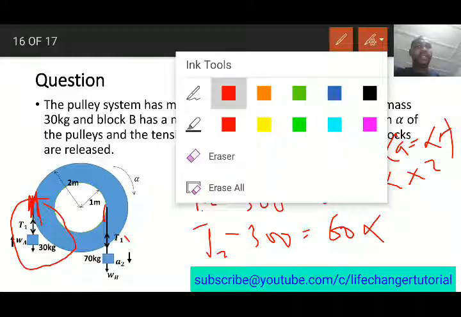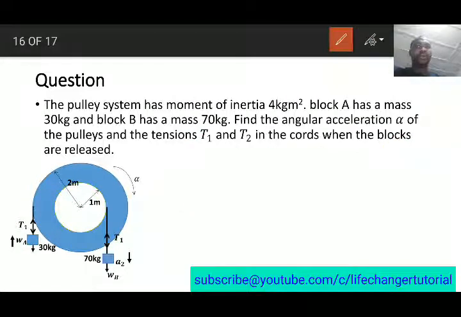Now there's something else I want us to see. There's an unbalanced torque between here and here. Just like the resultant force acting on a body is equal to the product of its mass and its acceleration, in the same way the unbalanced torque, or the resultant torque acting on a body, is equal to the moment of inertia times angular acceleration.